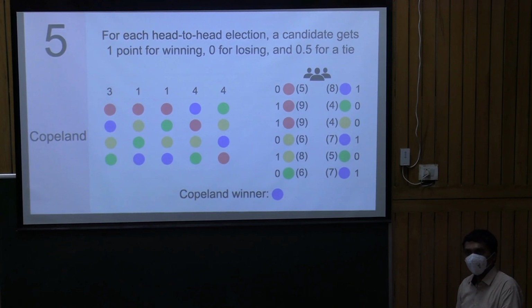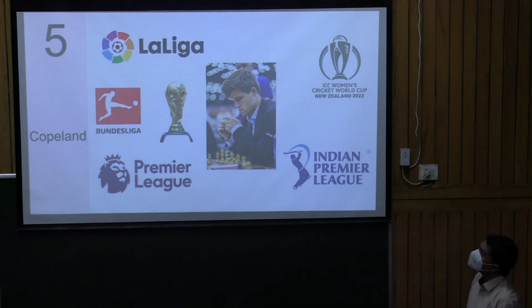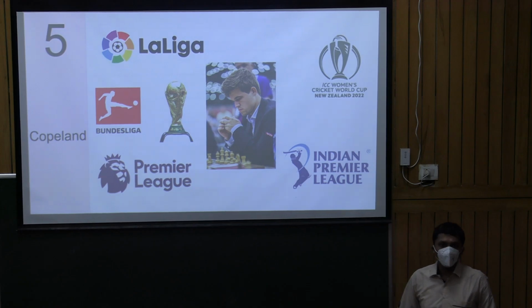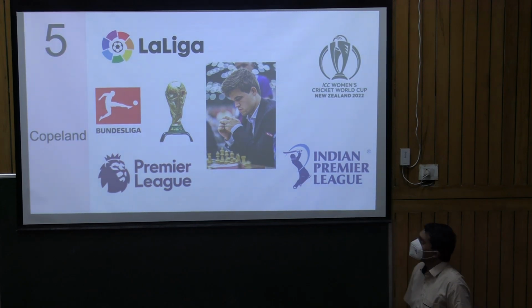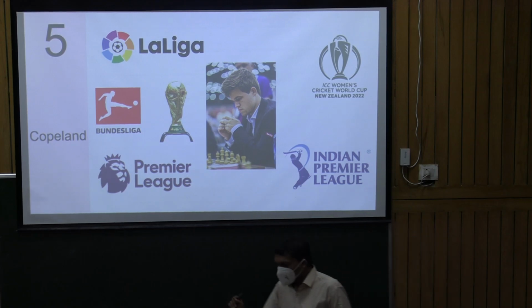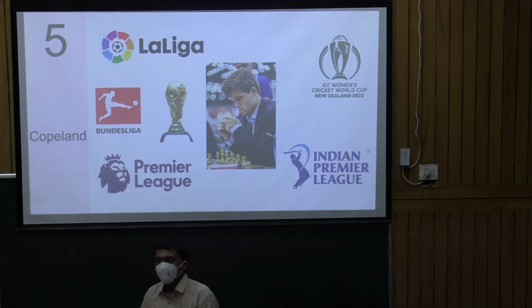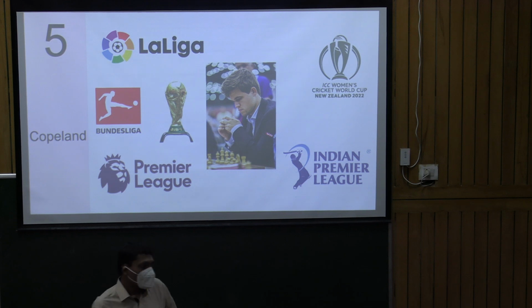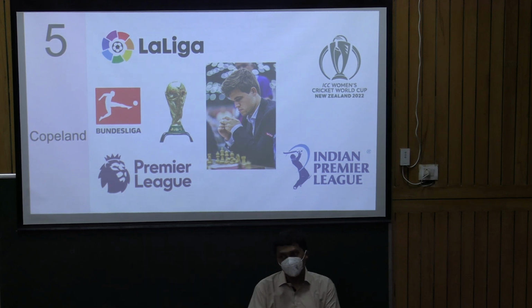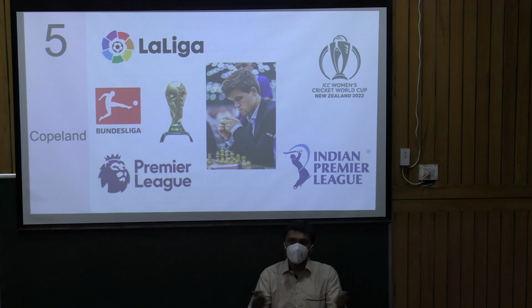I bet that you have seen this rule elsewhere. You may not have heard the name because this is used in sports leagues all around the world. So sports don't involve elections, there's no voting, no one casts a ballot. It's just teams playing against each other. So how is it used? Well, you can imagine the teams as being the candidates, and anytime 2 teams play each other, that's like a head-to-head election.